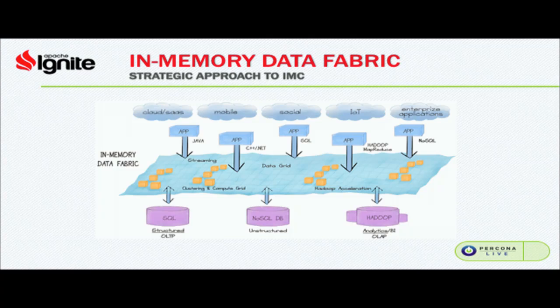In a nutshell, it's an in-memory data fabric, which is a combination of perfectly integrated components such as a data grid, clustering, compute grid, and SQL grid. As shown in this picture, you can slide Apache Ignite in between your persistent storage, like MySQL, and your existing application, and have your data distributed across a cluster of machines.